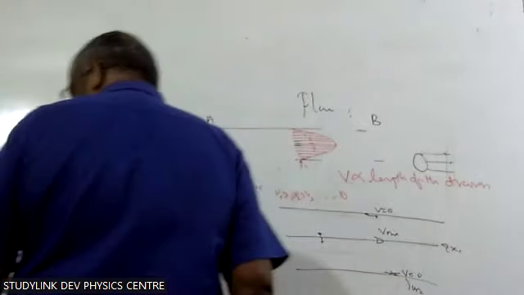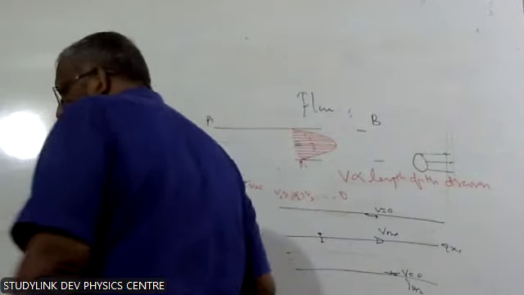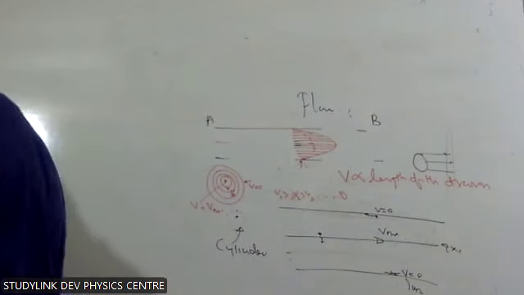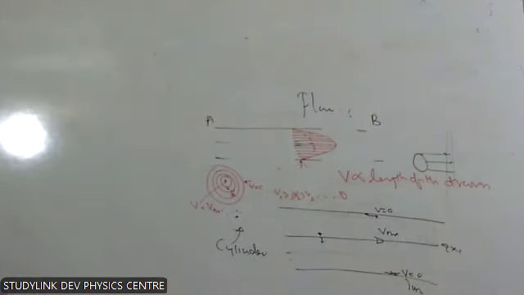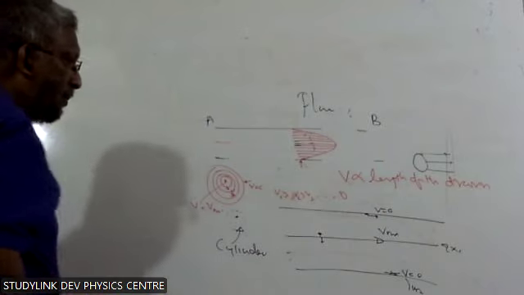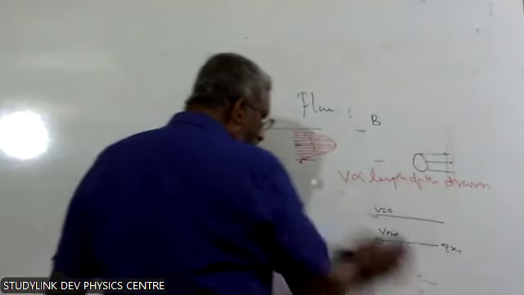Now, we'll consider another factor called velocity gradient. Now again, I am going back to laminar flow.